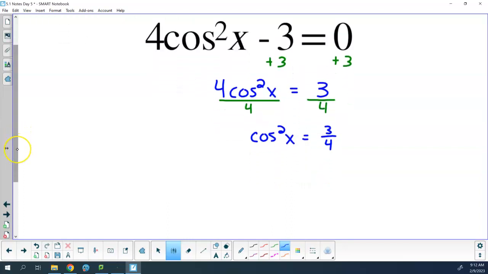I can square root both sides. Because I'm solving and I'm taking the square root, what comes into play? Plus or minus.